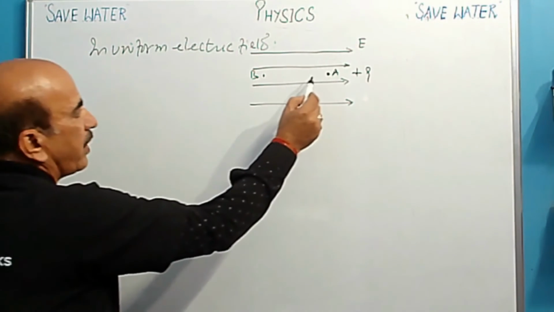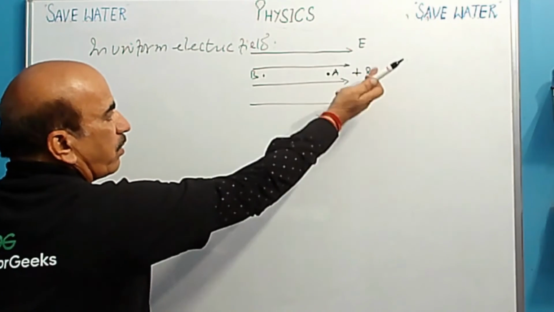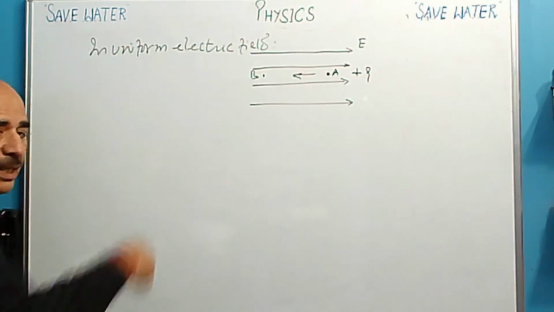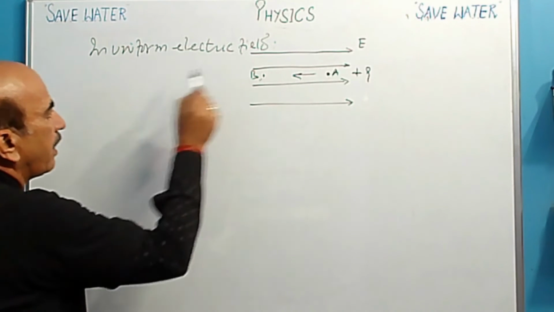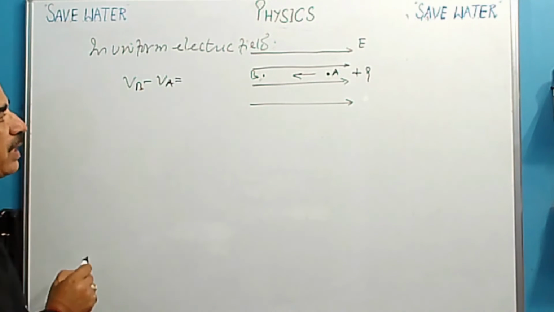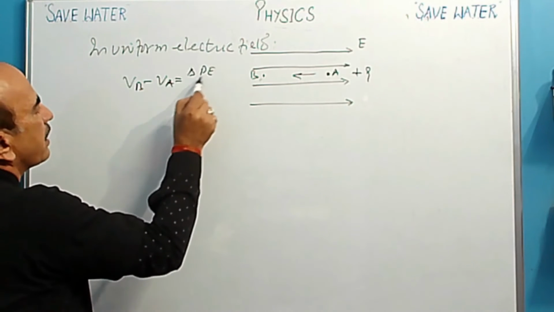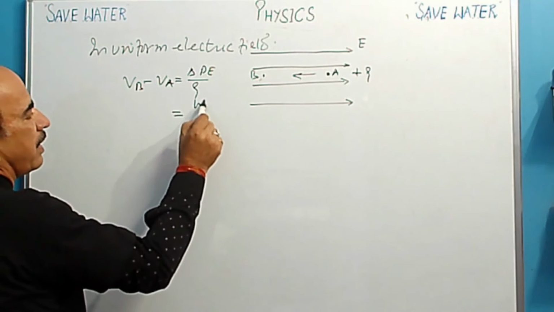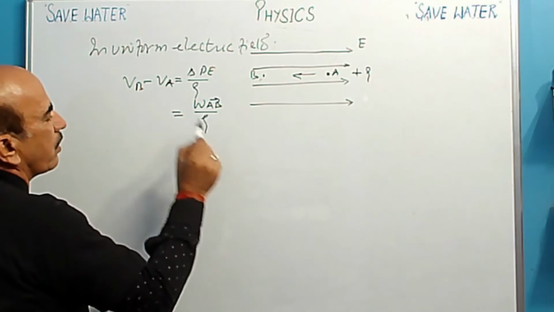We are going against direction of electric field, which is from left to right, and we are going in this direction, so against the electrostatic force of repulsion. So here it will be VB minus VA, or change in potential energy upon Q, or work done in moving a charge from A to B upon Q.